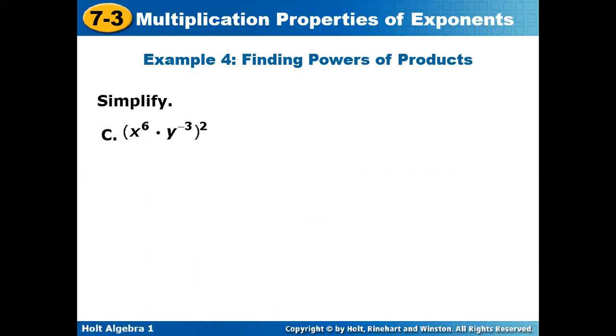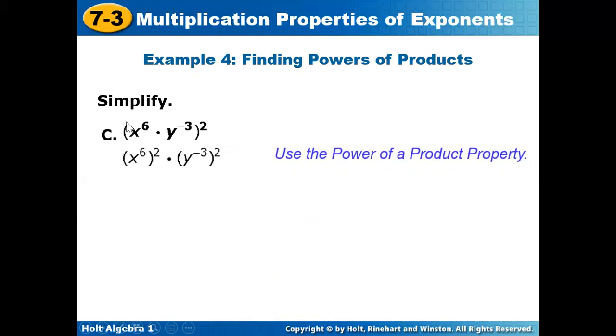All right, and the distributive property still works. Right, distribute that square to both of these terms. So x to the 6th, that whole term to the second power, times y to the -3rd, that whole term to the second power.